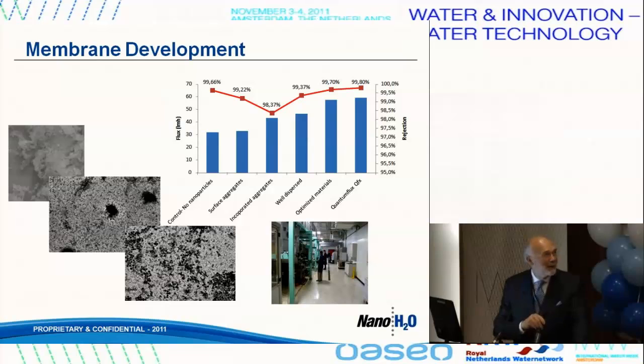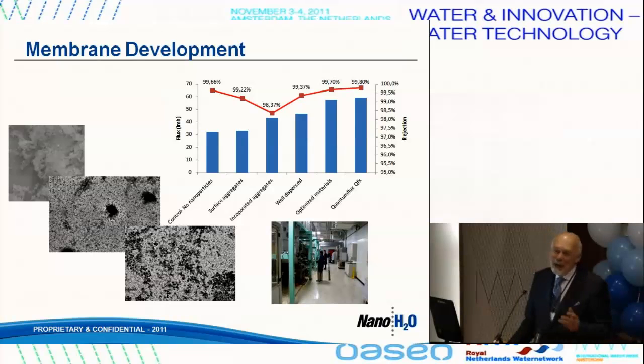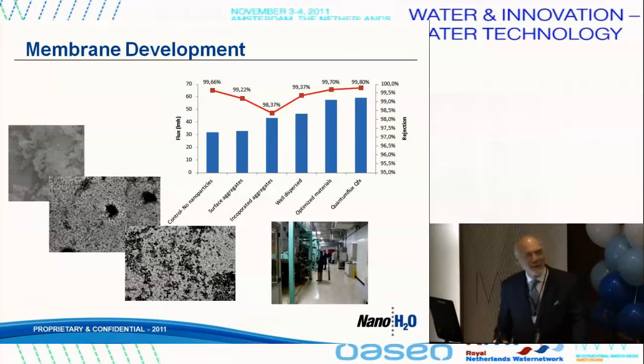We were not only not increasing the flux of the membrane, but we were getting lower rejection. And finally we managed to get aggregates of nanoparticles in the membrane, and we got a little more flux, but decreased rejection.